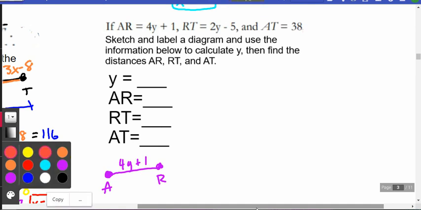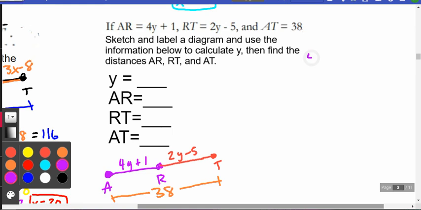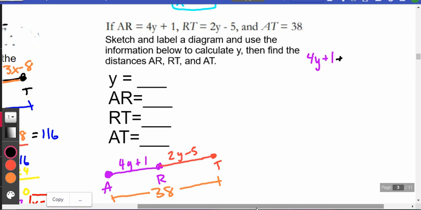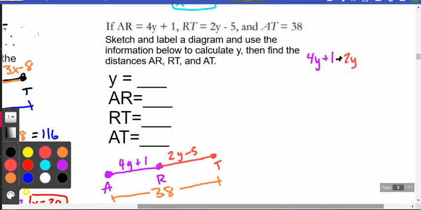RT is 2y minus 5, and AT is 38. Alright, so let's set up our equation to solve for y. So 4y plus 1 plus our segment RT equals AT, which is 38.